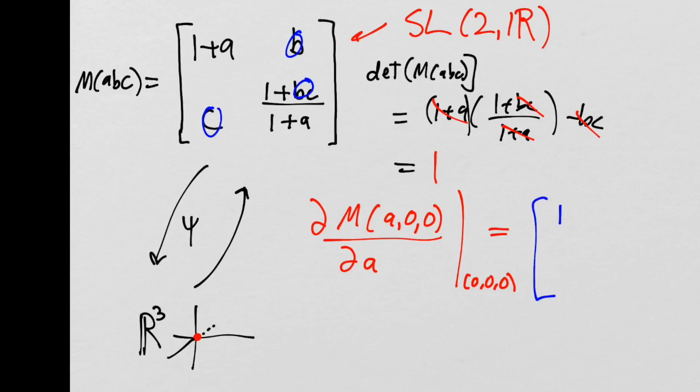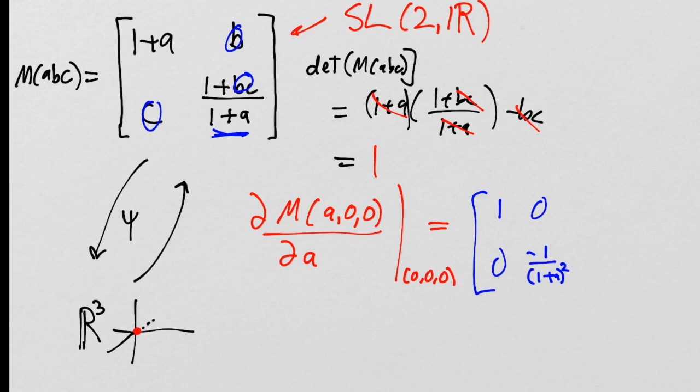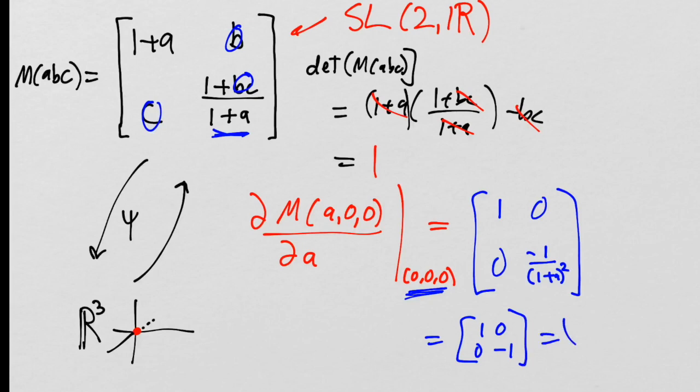And down here, in this spot, that's a 0, that's a 0, and this will be minus 1 over (1 plus A) quantity squared. Then we set everything equal to 0, and we end up with 1, 0, 0, minus 1. So that is what we would call XA.